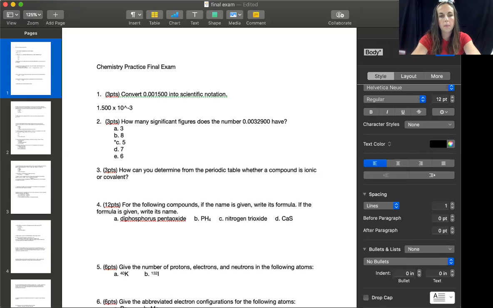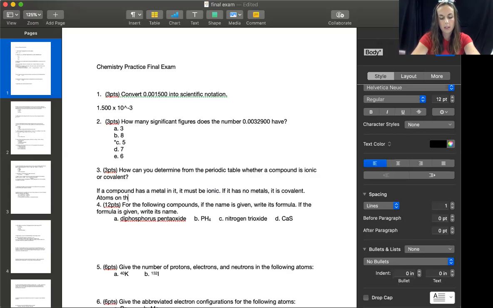So let's see. I'm just going to put what they put in the answer key. If a compound has a metal in it, it must be ionic. If it has no metals, it is covalent. That just tells us what ionic and covalent are, so now we need to say how to figure that out by looking at the table.